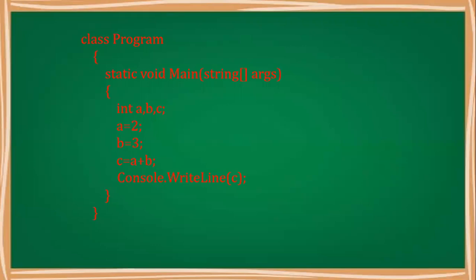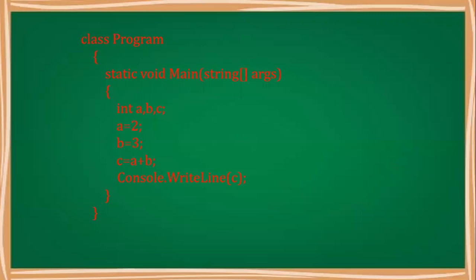This is another example of how we can create variables. Class Program, static void Main, so the structure is the same. Here we have created three variables, integer a, comma b and c, semicolon. That means in a single line we can declare many variables of the same data type.